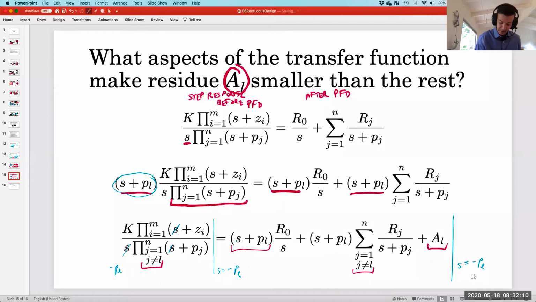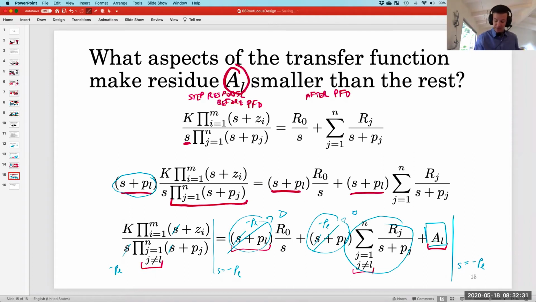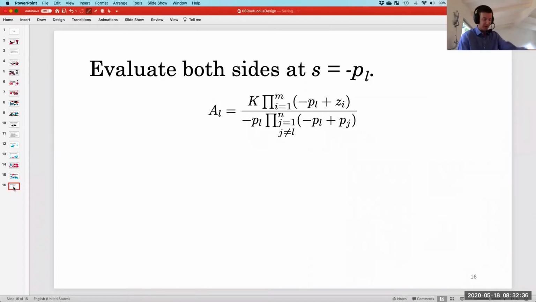We plug in negative P sub L here, which makes this whole thing go to 0. We plug in negative P sub L here, which makes all of these things go to 0. So what we're left with on the right-hand side is the residue that we want. This is the quote-unquote proof of why the cover-up method works. And so this is the expression for the lth residue, or the residue due to the lth pole.